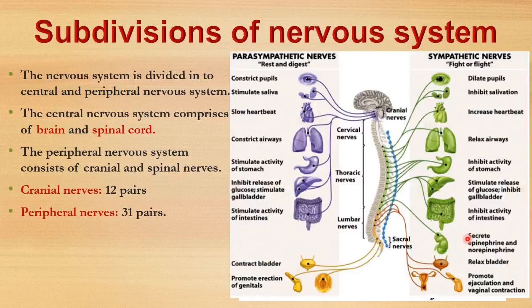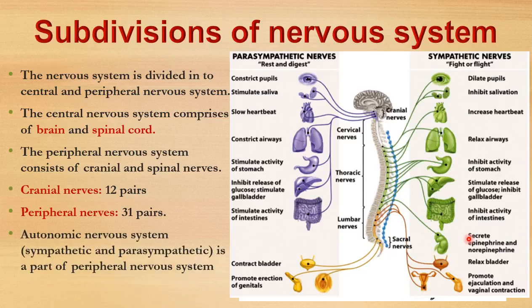Then one more part of the nervous system, which is an offshoot mainly from the peripheral system, is your autonomic nervous system. It consists of the parasympathetic and the sympathetic components. Again, in detail about this I have discussed in the general anatomy lecture of the nervous system.